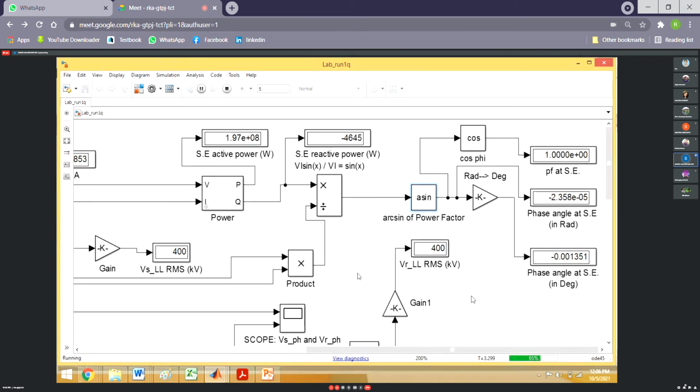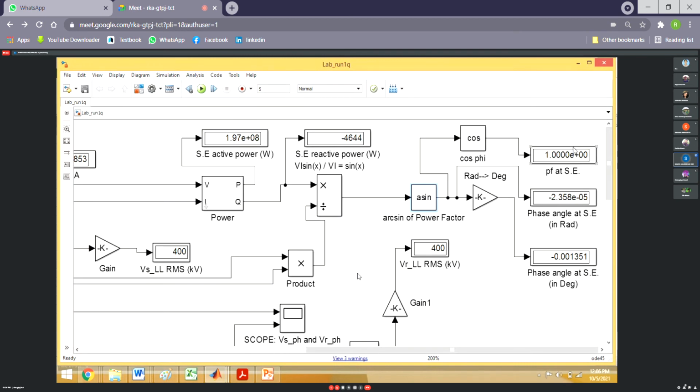Only the power factor angle is better with this one, because there is very mere difference between 0.9998 and 1, right? So that's why it is better to rewrite the power factor angle. But when you calculate theoretically, then you obviously will get 0 power factor angle, the phase angle difference. But why am I getting this one? Because this is based on calculation.